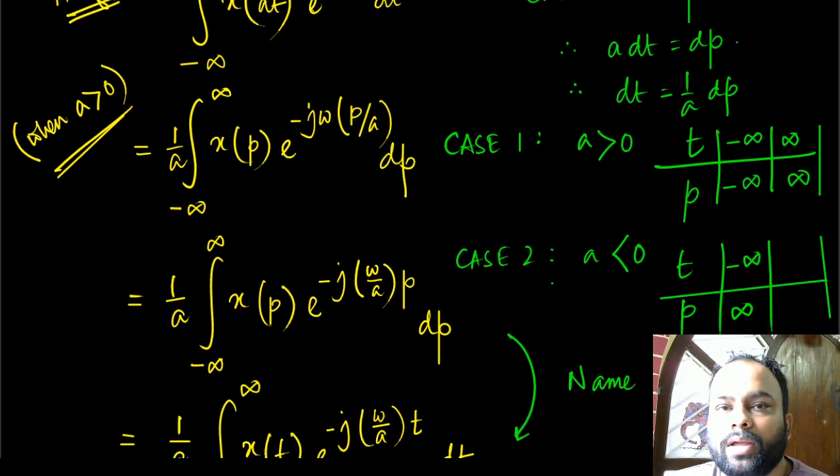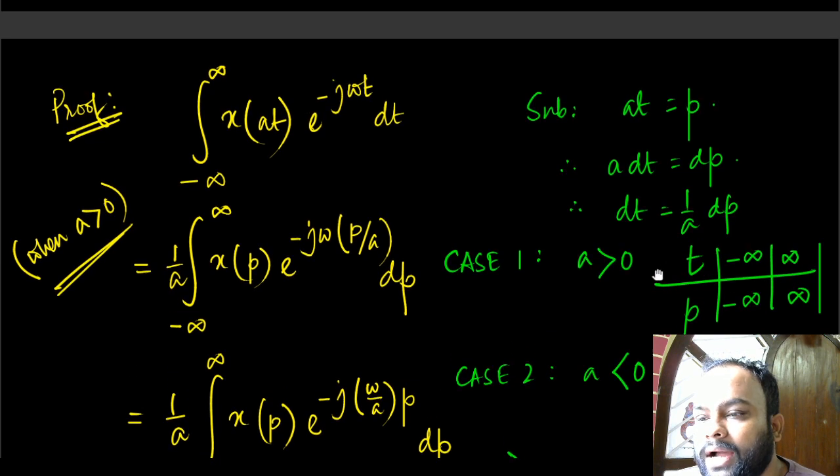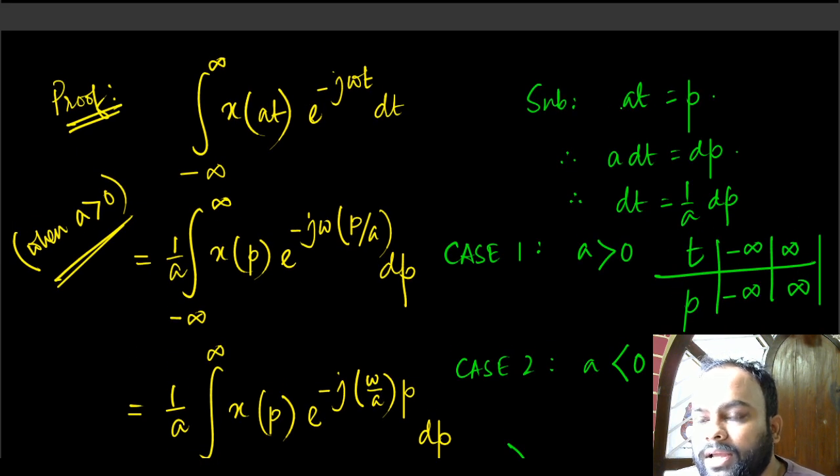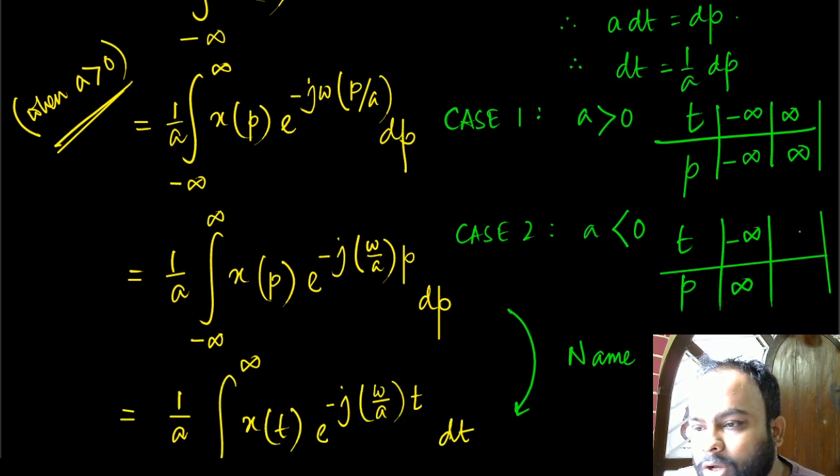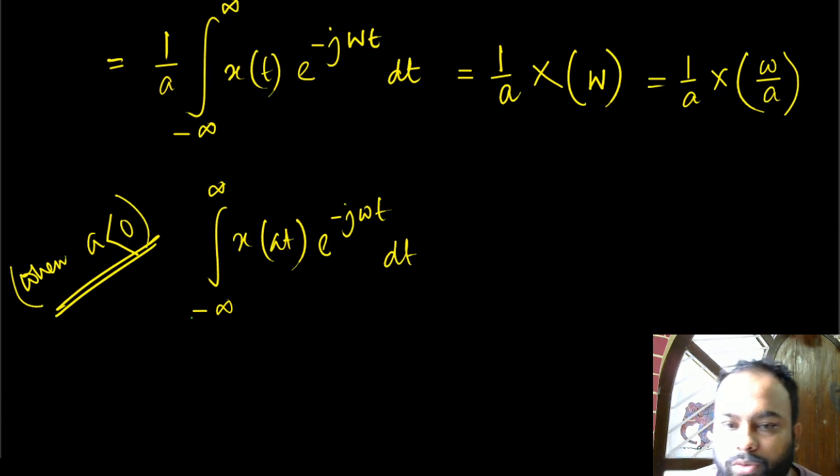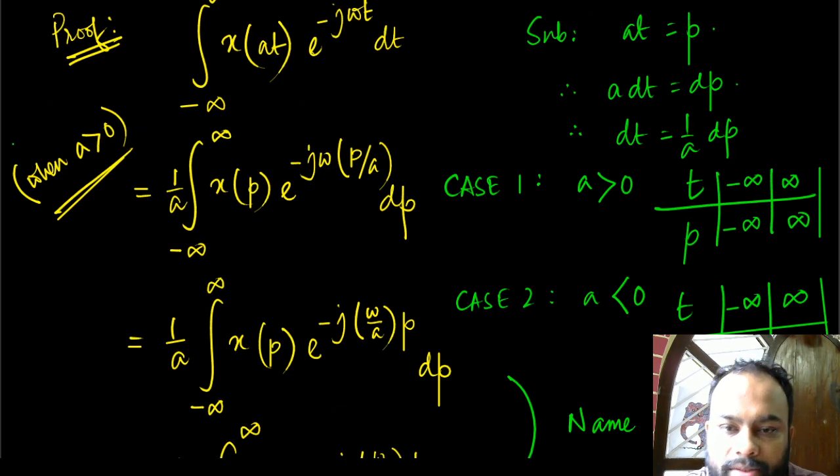Similarly, when t goes to plus infinity, a negative quantity multiplied with plus infinity gives negative infinity, so p goes to minus infinity. The rest remains the same. So this is case 2, and this was case 1.